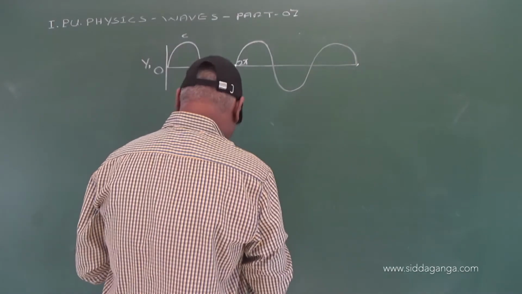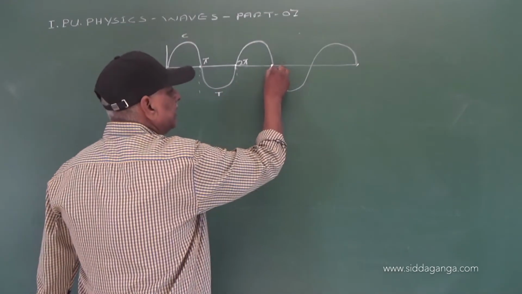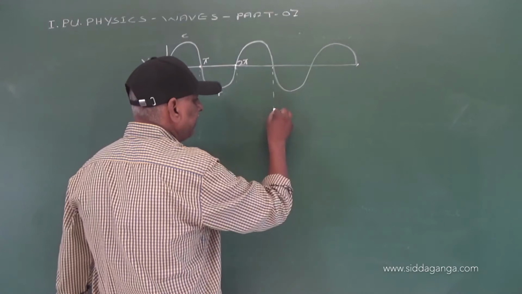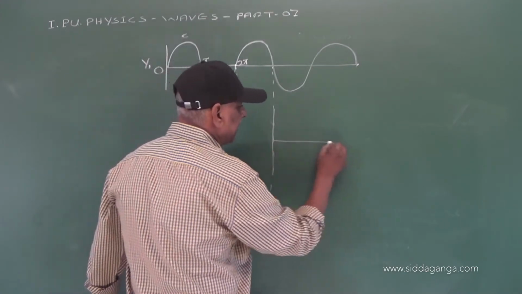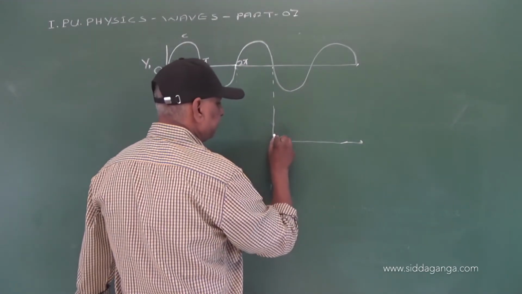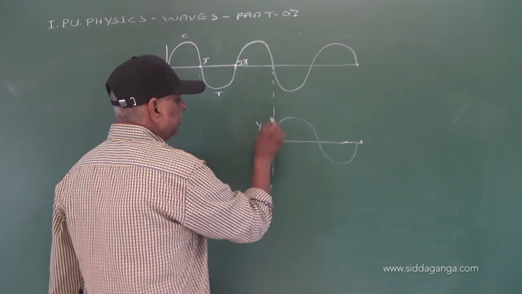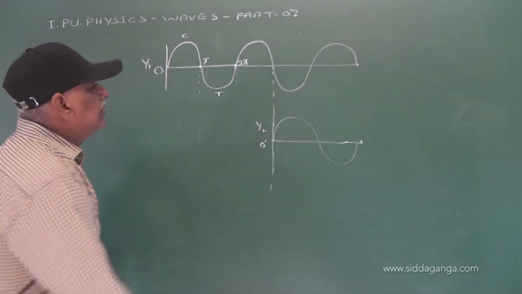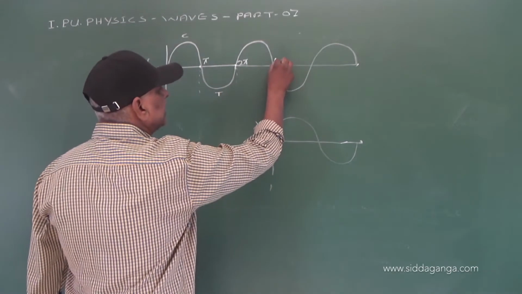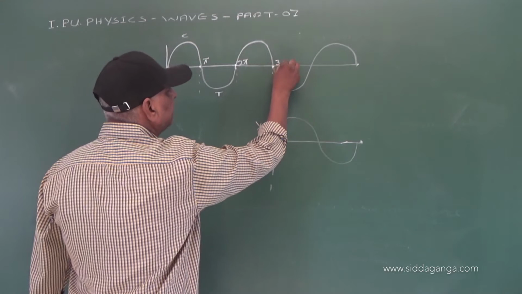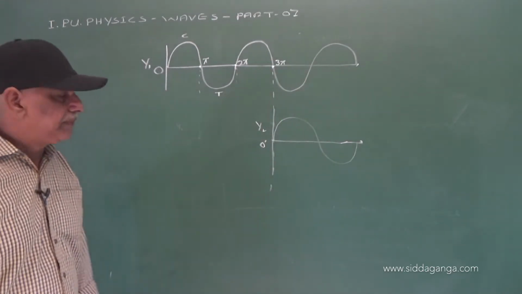Now at some point, if the wave arrives like this, now this corresponding point has a phase of 3 pi.